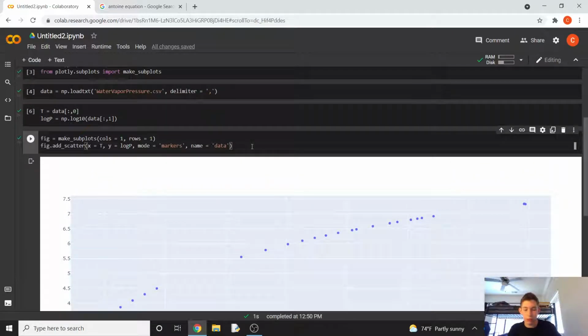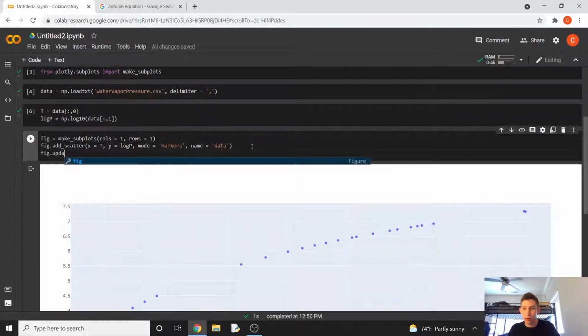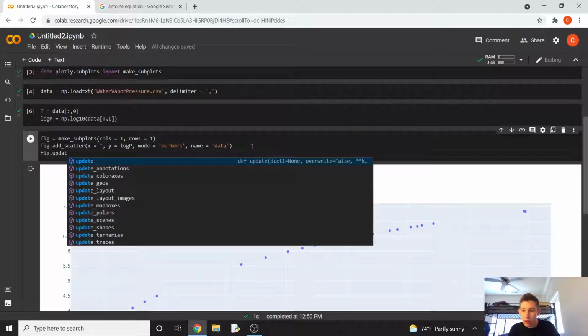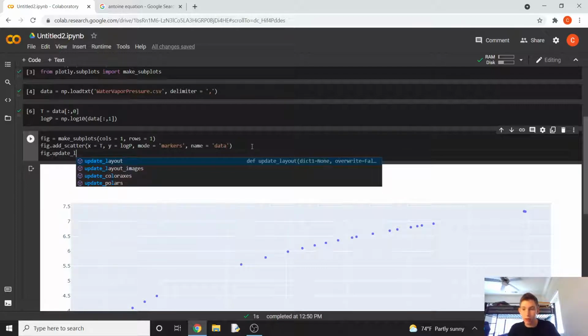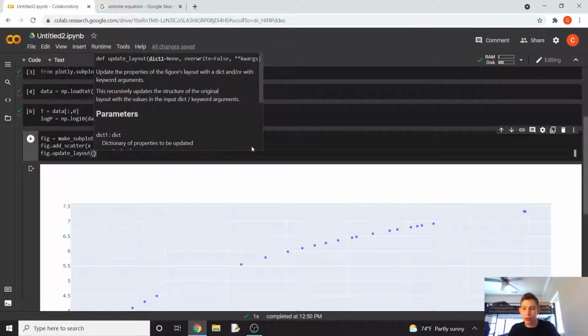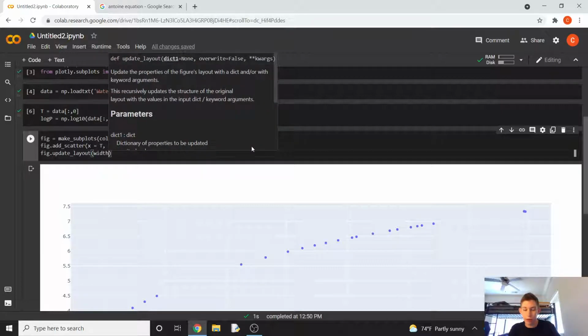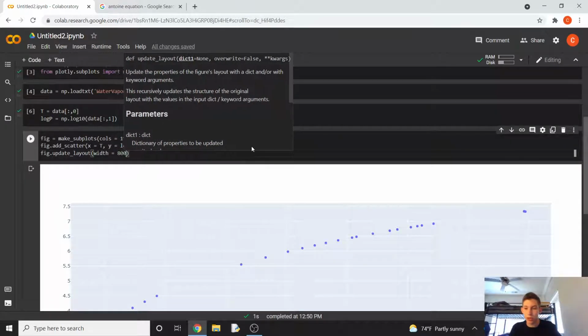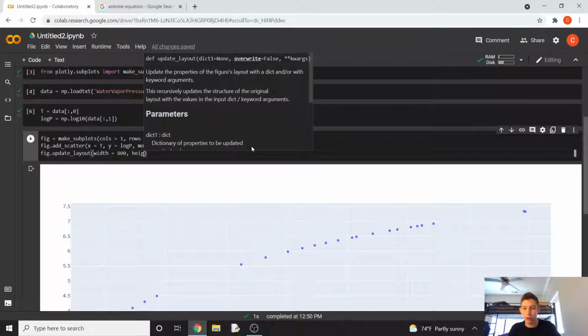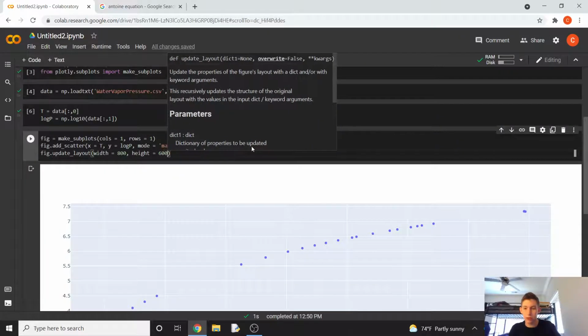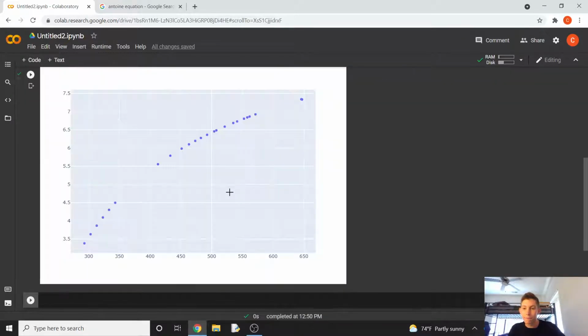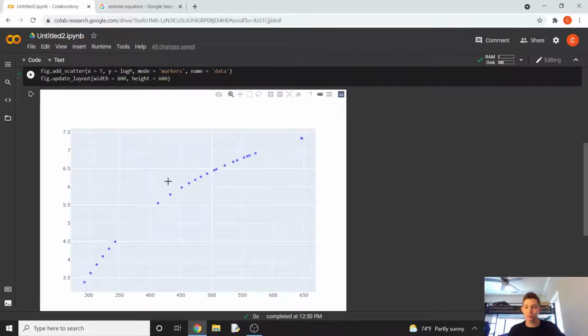We're going to update the layout, and we'll set the width equal to 800 and the height to 600. Okay, so here we have this scatter plot.